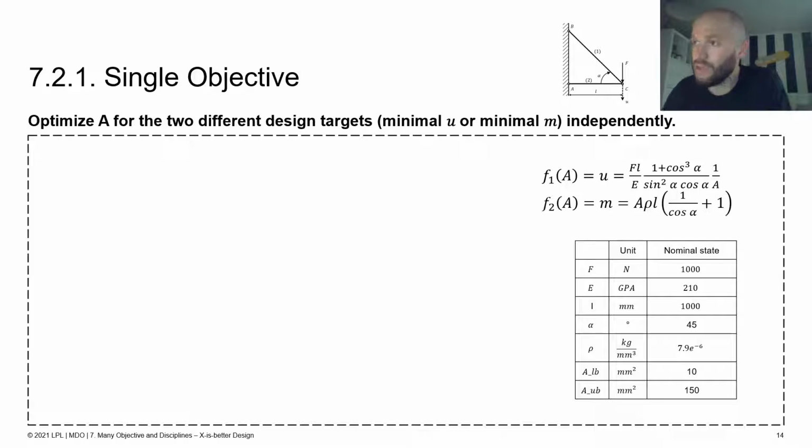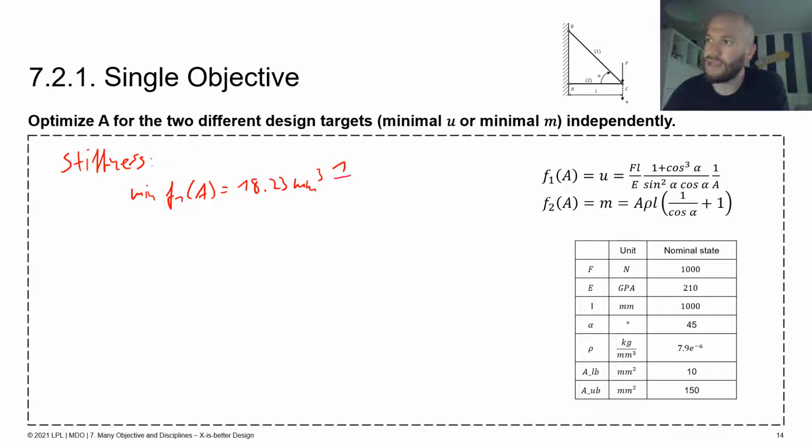So when we want to minimize the displacement or maximize the stiffness, we can formulate the following optimization problem. Minimize F1 with the formula on the right side. The design variable is the cross section, and we can enter the values out of the table, and then we will end up with 18.23 millimeters to the power of 3, and the cross-section area in the denominator here.